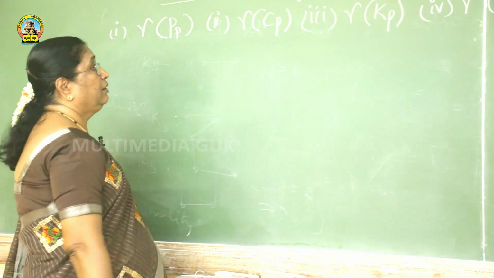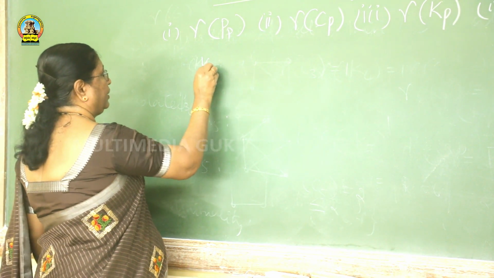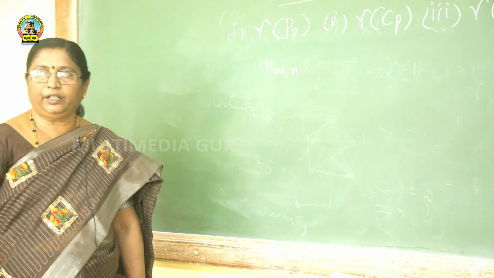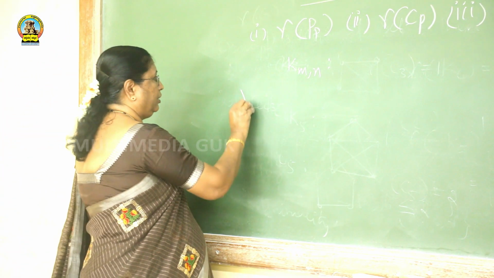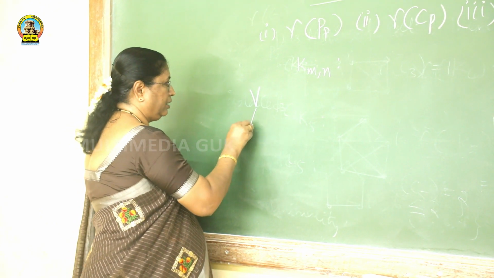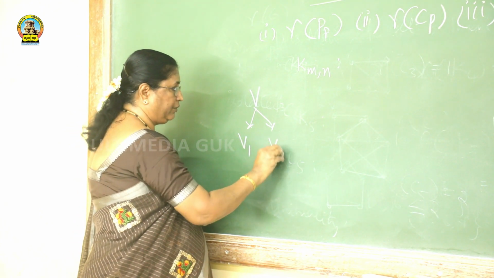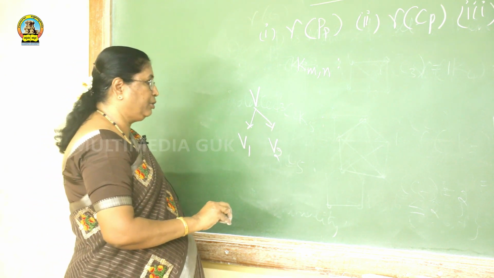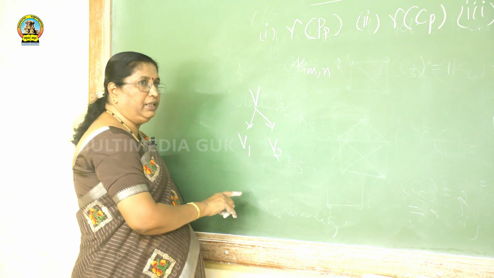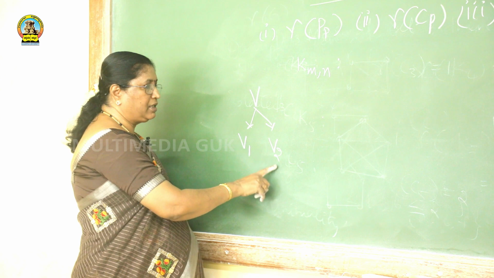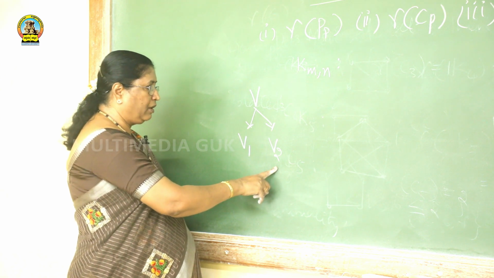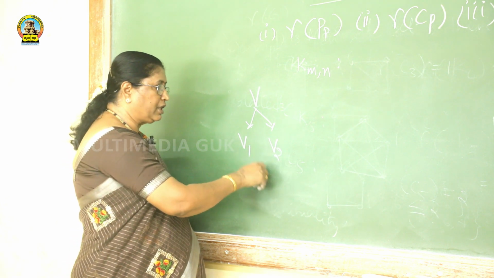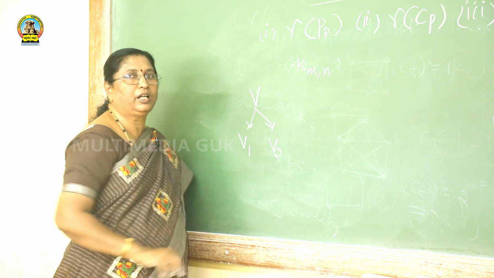Now for the bipartite graph, as the definition says, the vertex set is divided into two subsets. If the vertex set V is given, we have two subsets V1 and V2, such that the edges join a vertex from V1 with a vertex from V2, whereas the vertices belonging to V1, or the vertices belonging to V2, are not adjacent among themselves.